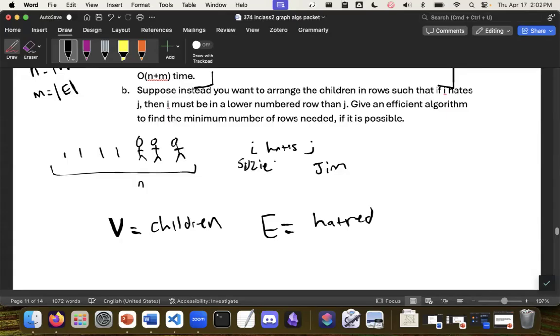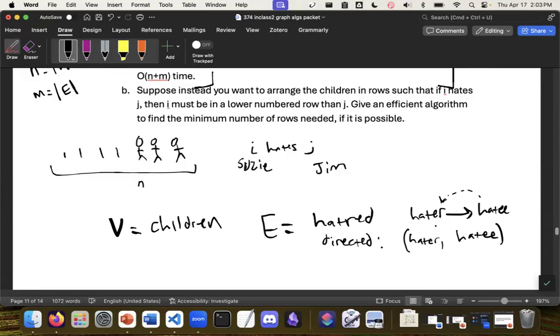Okay, so if Susie hates Jim, how do we store that edge? Peter first, and then T. Okay, so this means that we store it like this, right? So this is kind of what I had in mind. If as you go through the algorithm, you find that maybe you need it to go the other way, that's okay too.